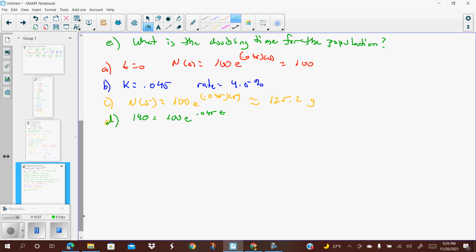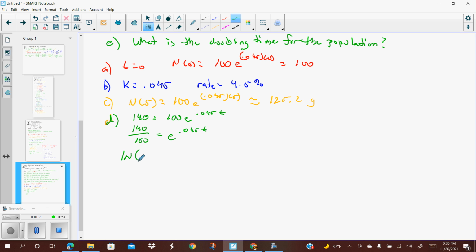Now to solve for t, we have to divide both sides by 100 in order to isolate the exponential. And then we're going to take the natural log of both sides of the equation so that we can eventually get that t out of the exponent. So we'll take the natural log.